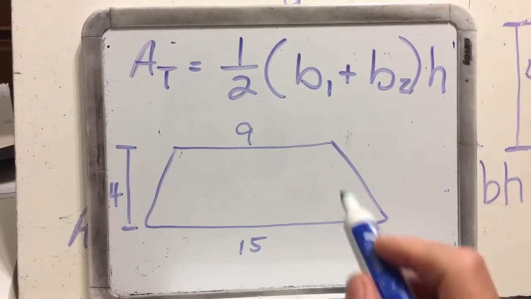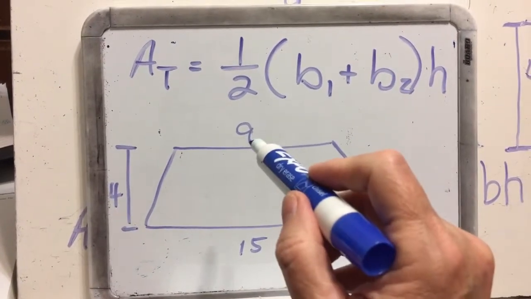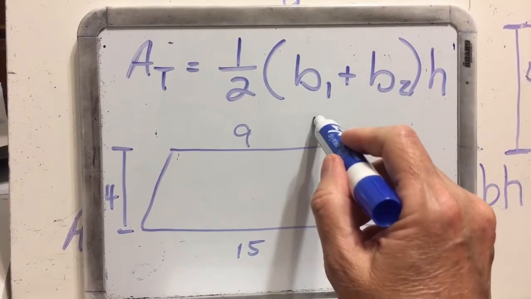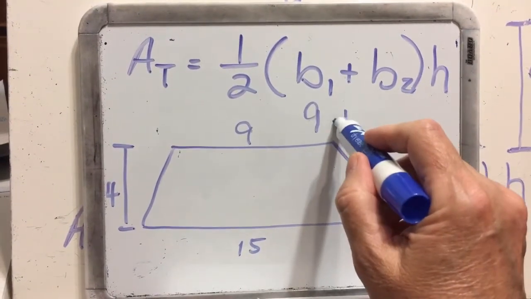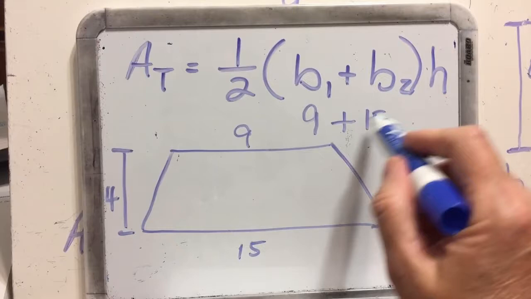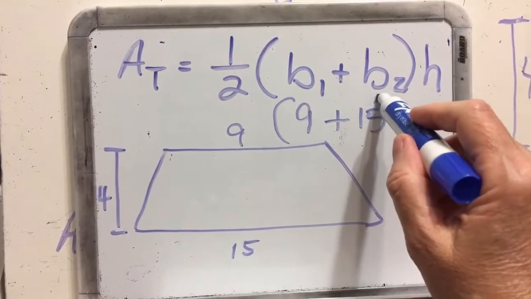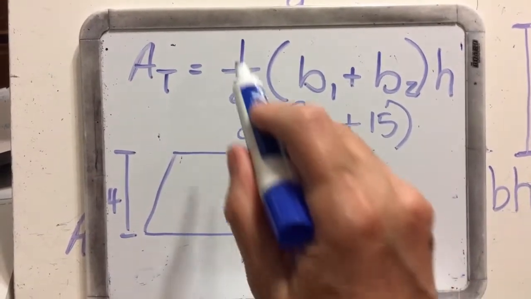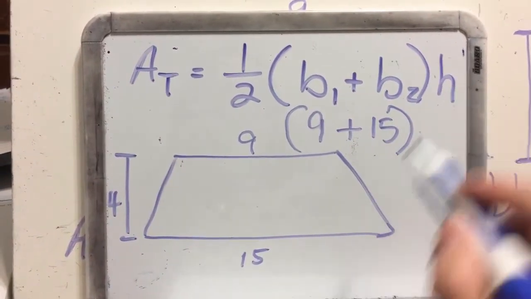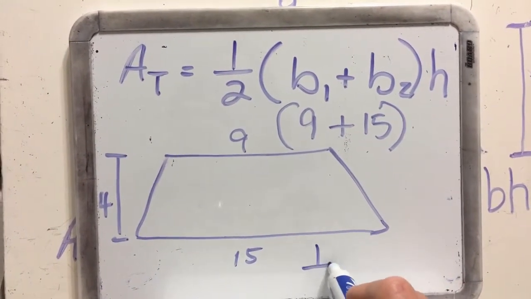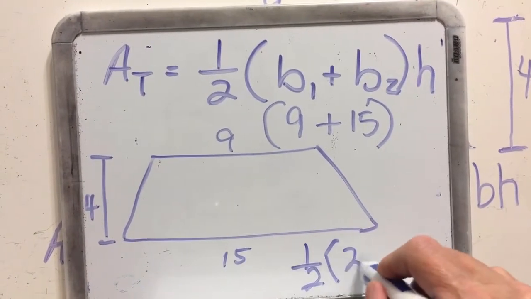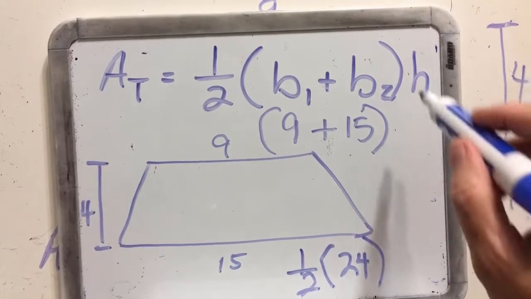Here is my trapezoid redrawn. My bases are 9 and 15. So 9 and 15, when I add them together, will give me 24. So I have 1/2 times 24 times the height.